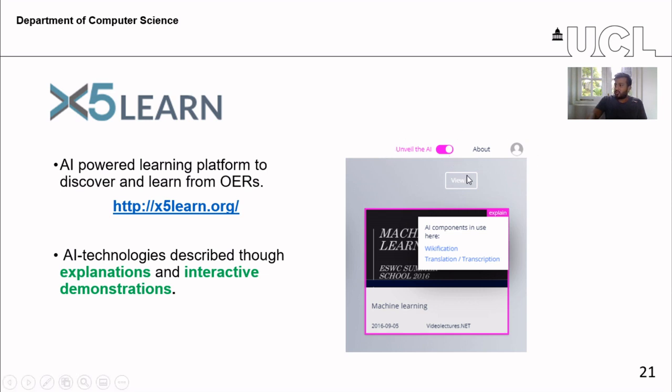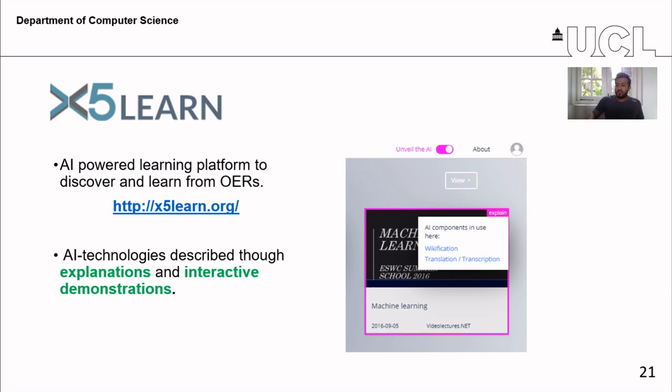By turning on this switch, it will highlight the different parts of the platform that use different components of artificial intelligence, and then through those submenus we provide links to explanations and interactive demonstrations on how these individual artificial intelligence components work. By doing this, the learner can familiarize more with the AI components that are shaping their learning experience.